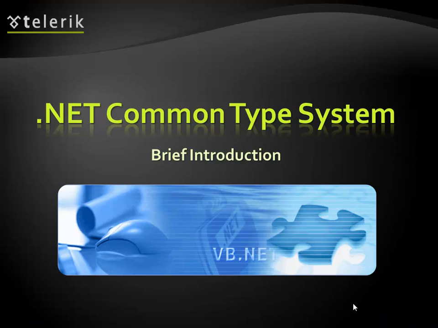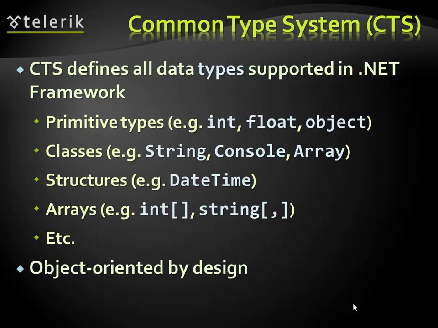So just a few last words about the common type system in the .NET framework. We already know some of the primitive types that we've been using all the time, like int, float, long, string, datetime.